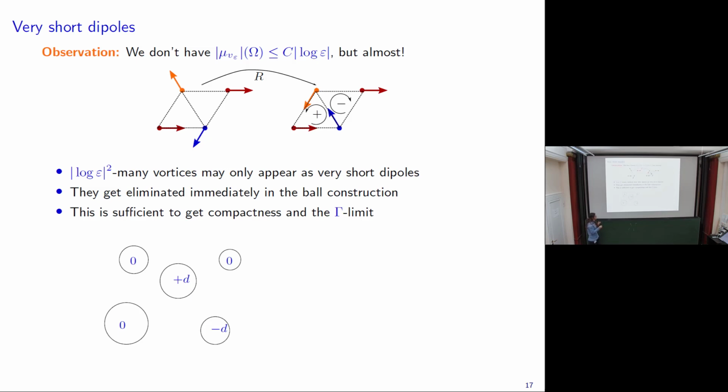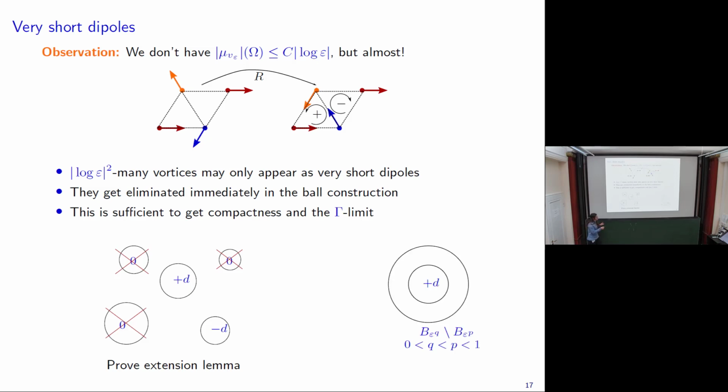So here essentially you exclude them by showing that you can extend inside the ball your field to a Sobolev function without degree. And then on the remaining finitely many balls, you consider annuli around them with radii which go like exponentials in epsilon, and you exploit bulk scaling on these annuli.